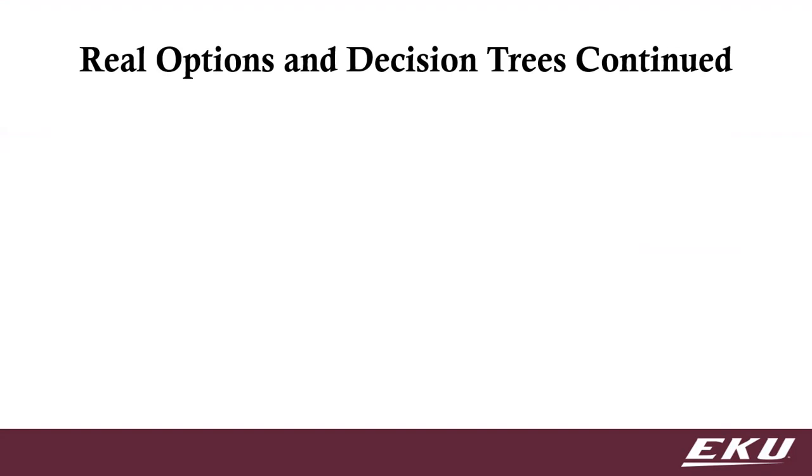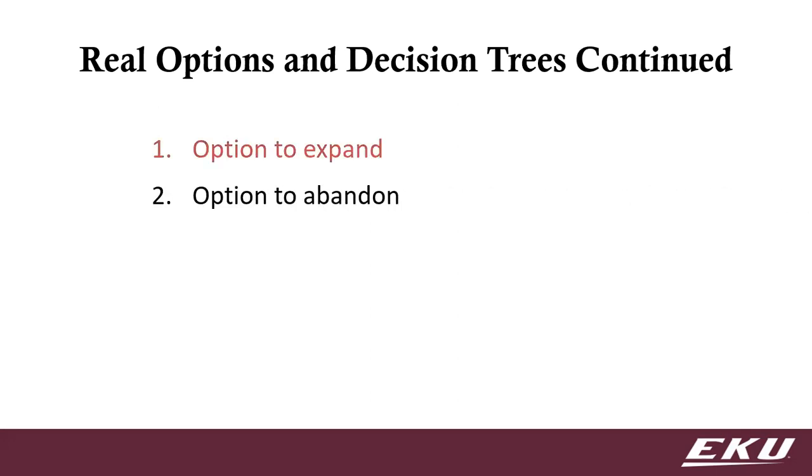Okay. So some examples of these types of real options, and we call them real options because it's not a financial option like a derivative security. This is like a project you can do. It's a real option you can act on. And so you can choose to expand, right? That would be an option. I've got things in place and then I can make a phone call and start expanding. Or an option to abandon.